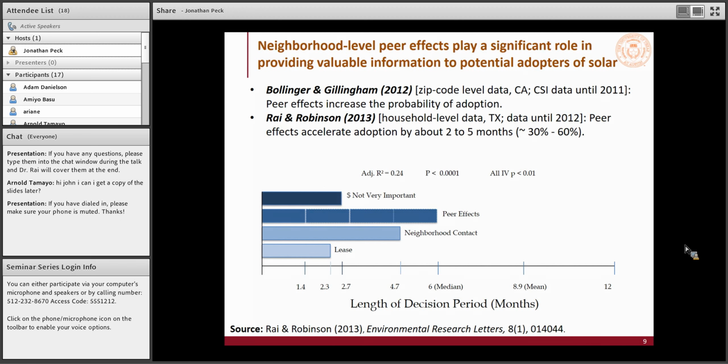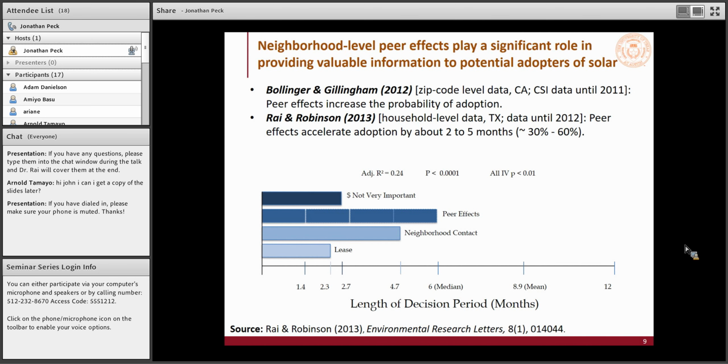And the different bars are how much time folks were taking given they had encountered a certain effect. So for example, the neighborhood contact bar is, say, given somebody had spoken with somebody who had a PV system in their neighborhood, their adoption time was about 4.5 months, so much lower compared to the mean adoption time.